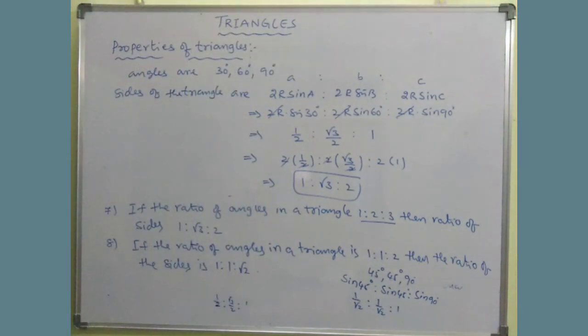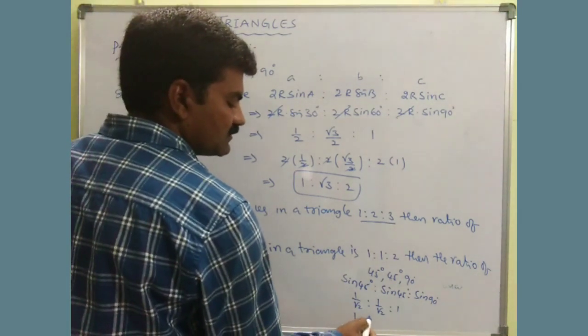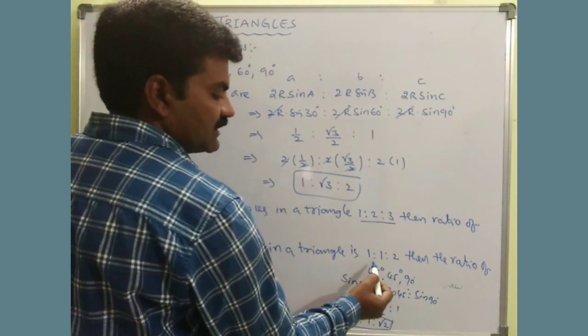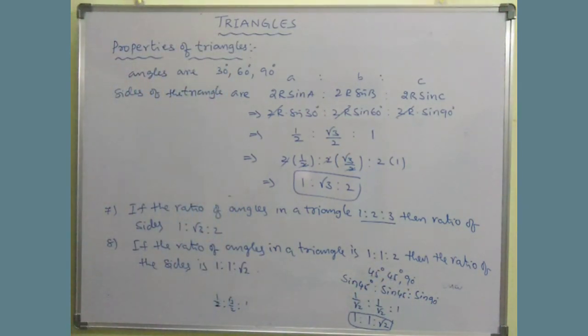So this time you can multiply by root 2 on all sides. When you multiply by root 2, this is 1, this is also 1, and this is root 2. So if the angles are in the ratio 1 is to 1 is to 2, then the sides will be in the ratio 1 is to 1 is to root 2.